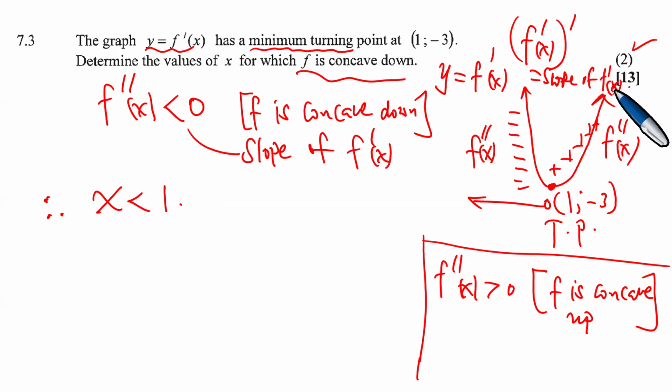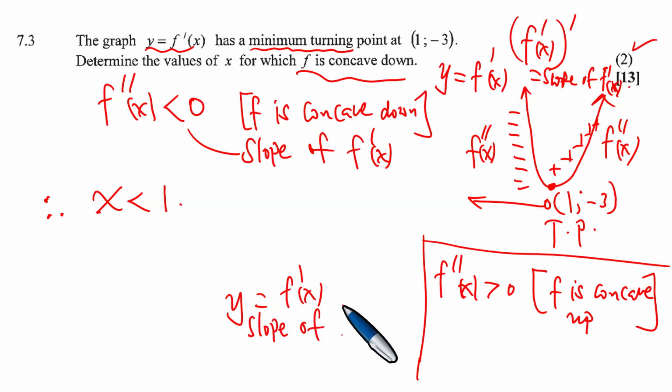What is the meaning of the prime? If somebody writes y equals f prime of x, this means the slope of f of x, because the prime means the slope of f of x.